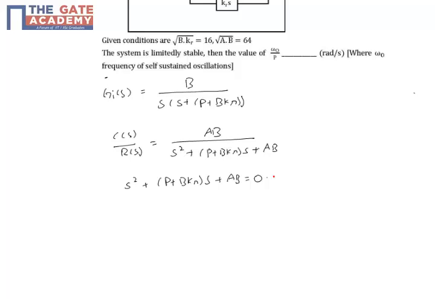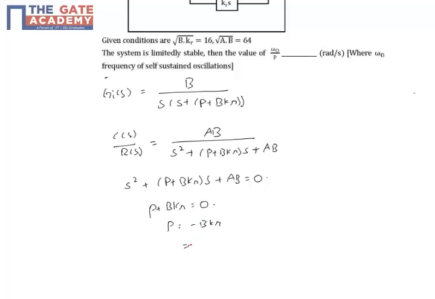The condition for the system to be marginally stable is when the coefficient of s is equal to 0, that is when we will have sustained oscillation. So for the system to have sustained oscillation, p plus b into Kr should be equal to 0. So p is equal to minus b Kr.